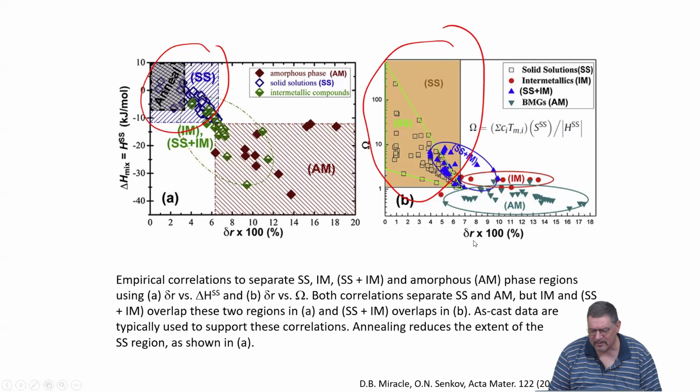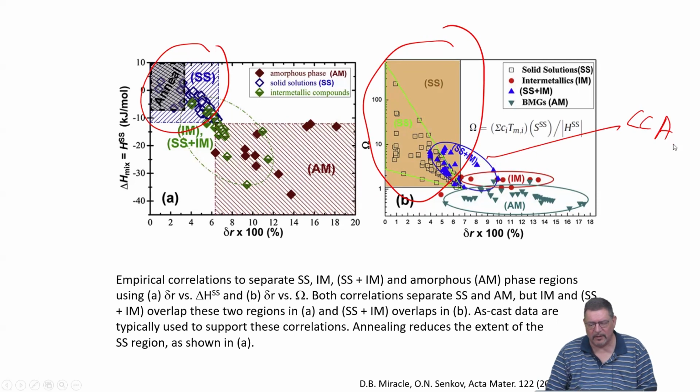So it's basically the similar concepts, and you see that specifically this omega parameter as a function of lattice distortion, sometimes it's called, but it's more like the variance of atomic radii inside the solid solution, works fairly well, because you have a nice separation between the regions where crystalline solid solution would form, or where amorphous materials form, or where you have intermetallics, or where you have CCAs in this two-phase region.